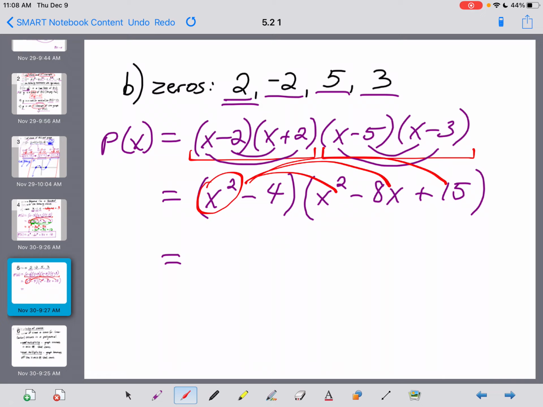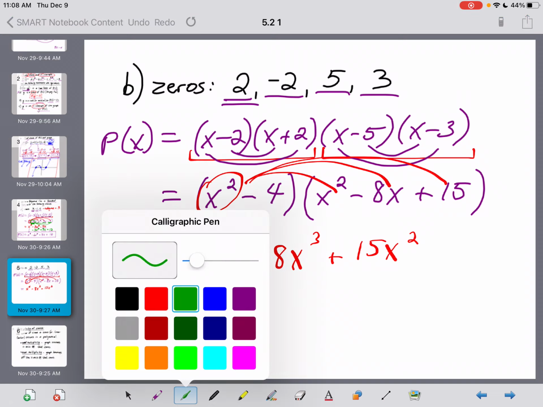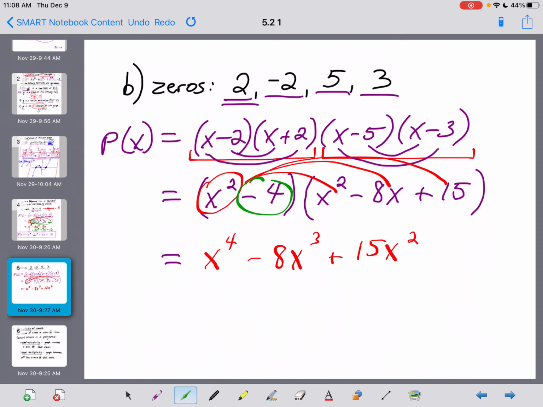So here goes. X squared times x squared, we add our exponents together, that's x to the 4th. X squared times a minus 8x is going to be a minus 8x cubed. And then an x squared times a plus 15 is a plus 15x squared. And now I'm going to switch here to green, and we're going to distribute the negative 4. Again, don't forget that negative.